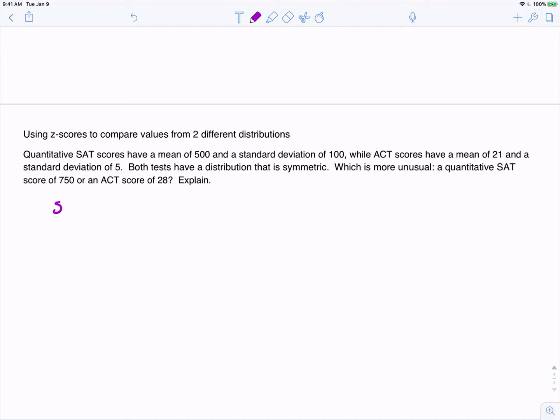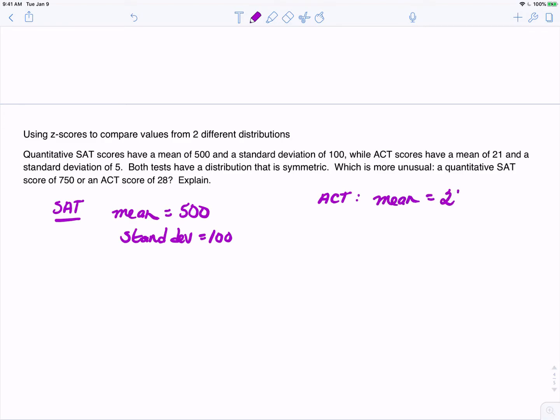So for the quantitative SAT, the mean is equal to 500, and the standard deviation is equal to 100. For the ACT, the scoring system is much lower. The mean is equal to 21, and the standard deviation is equal to 5. And so both distributions are symmetric.